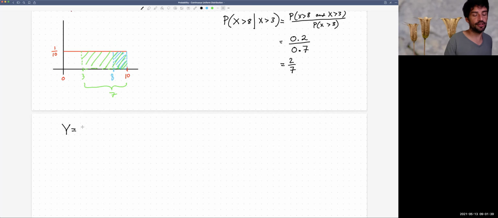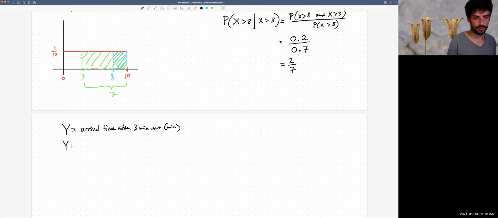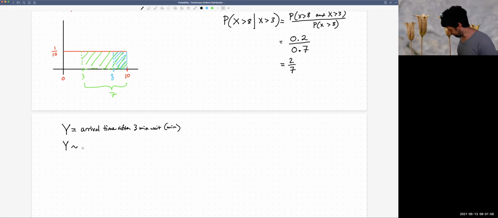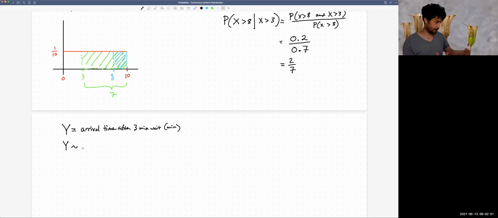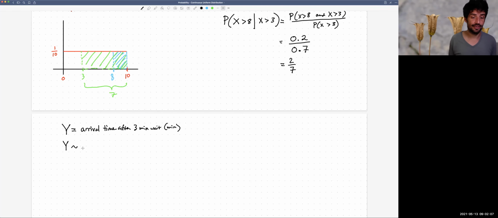If I make y the random variable, the arrival time after a 3 minute wait, in minutes. Well, once those 3 minutes have passed, there are now 7 more minutes in front of us, and those 7 minutes are all still equally likely, right?